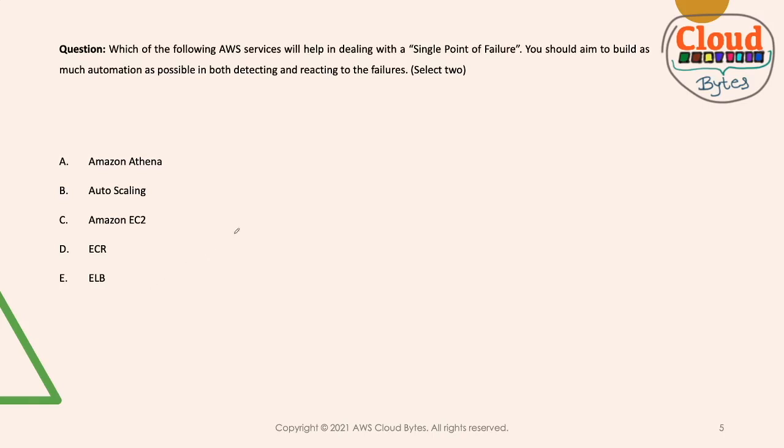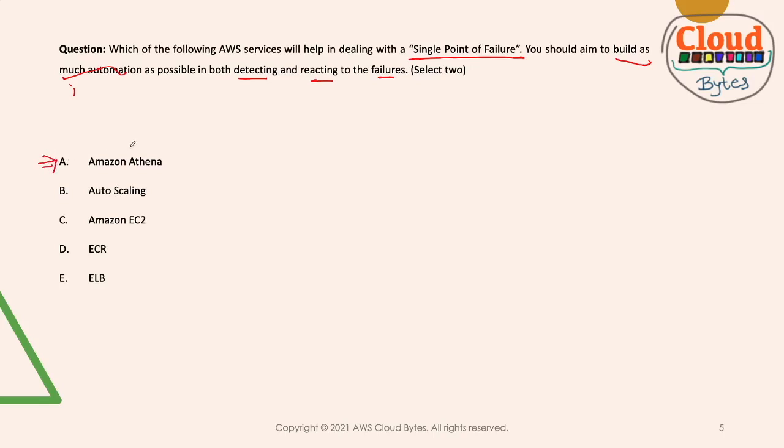I'll give you 30 seconds to pause the video and take a look at the answers or find the answers for yourself. Single point of failure is something that you want to avoid. You should build as much automation as they say in detecting and reacting to failures. So Amazon Athena, what do you think?